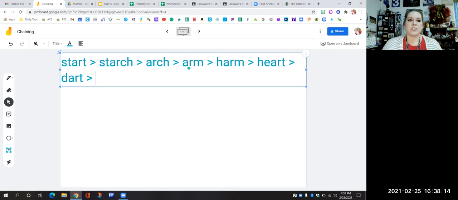All right, so now we're going to change the t sound of dart to k. So we have dark. Nice. All right. So now we're going to add er to the end of dark.